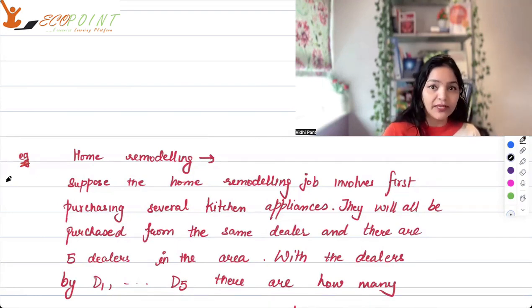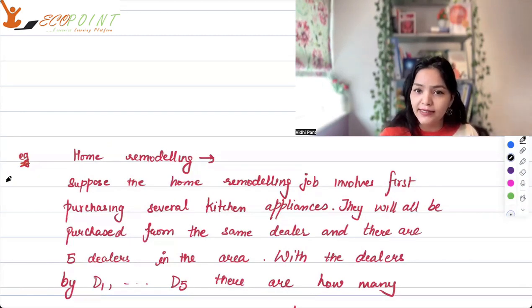Apart from plumbing and electrical work, now you also require a dealer who can provide to you a lot of kitchen appliances. They will all be purchased from the same dealer. You don't want to go here and there, okay? You just want one dealer, and you know that your area has 5 dealers.